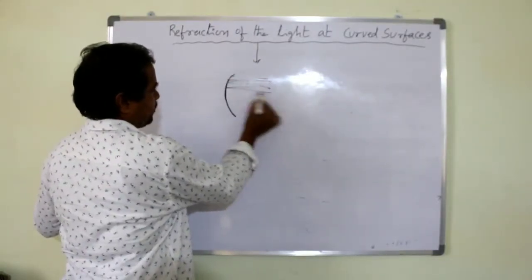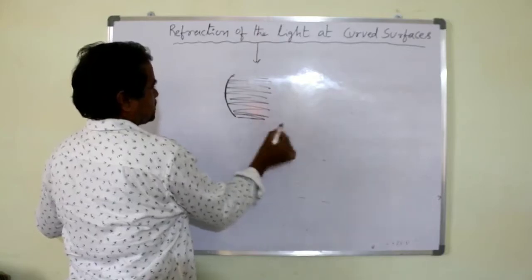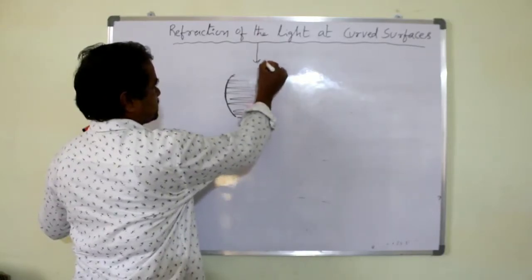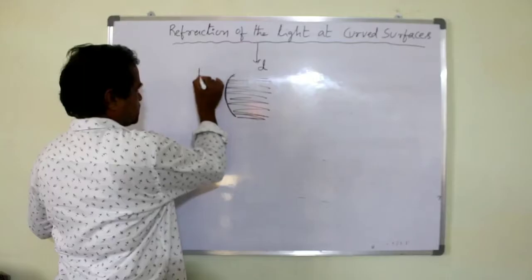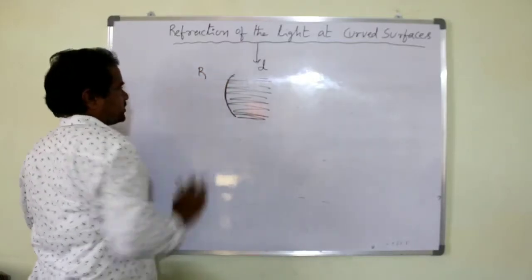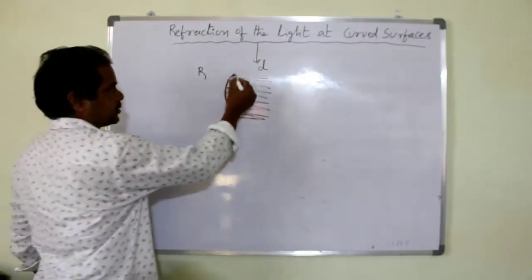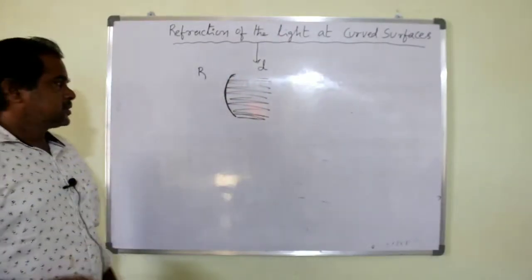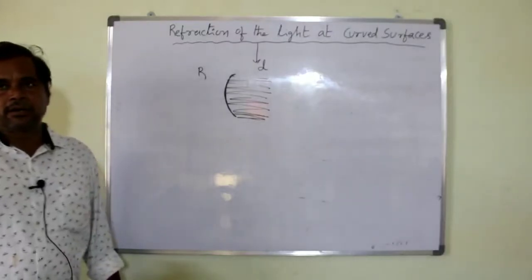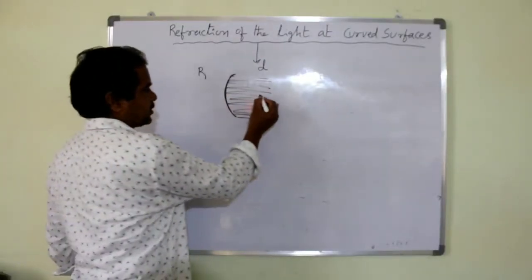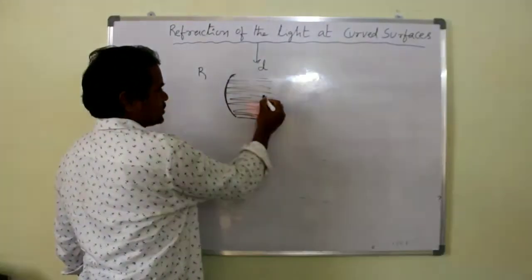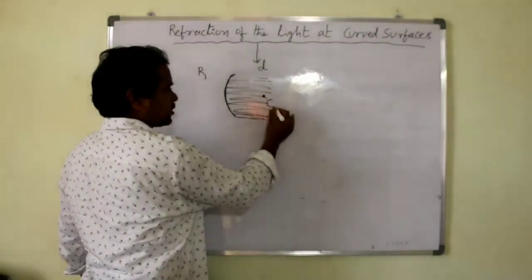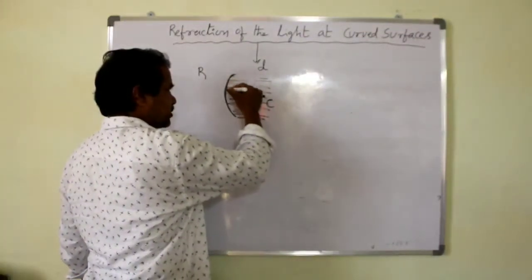This painted portion is treated as a denser medium. This portion is treated as a rarer medium. The center of the sphere of which it is a part is called the center of curvature of this curved surface.